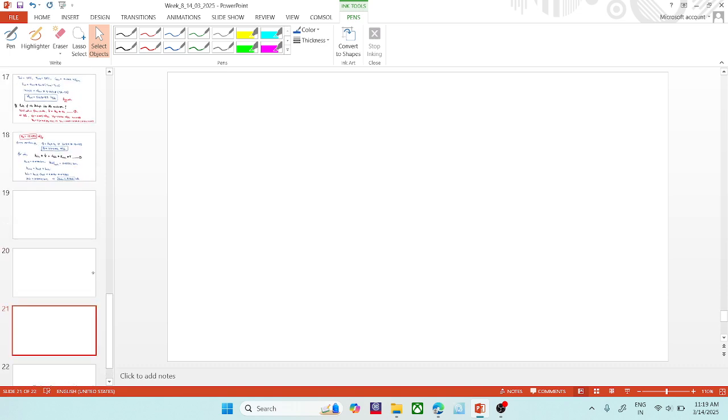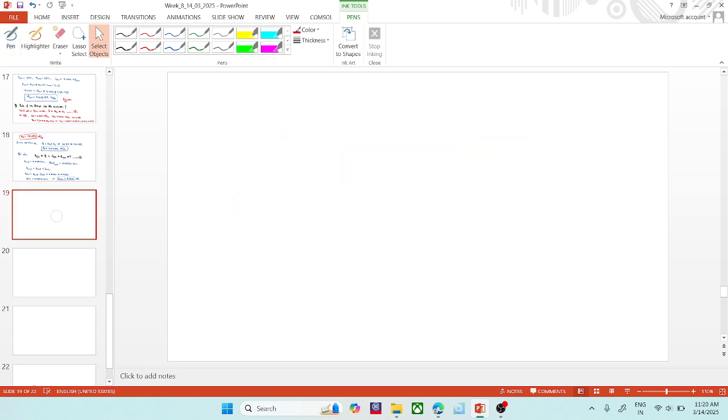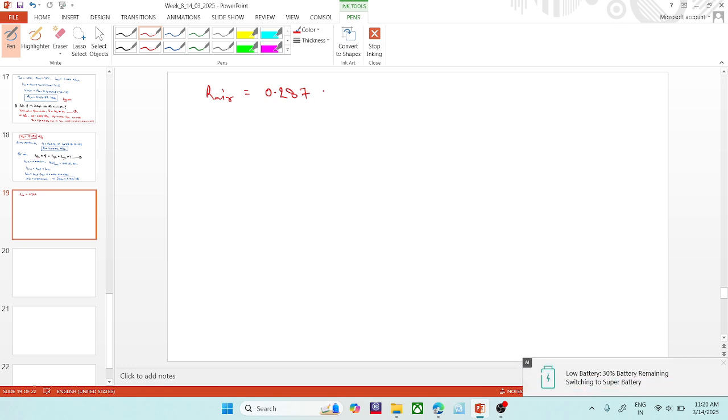Then next, from equation 2, we have P air, V dot, m dot air to determine, R air and T. So the R air value is 0.287 kilojoule per kg Kelvin.